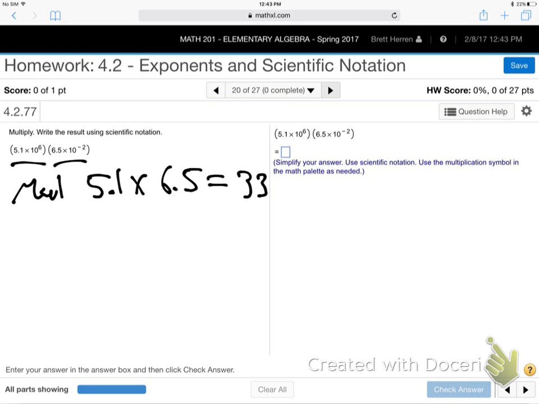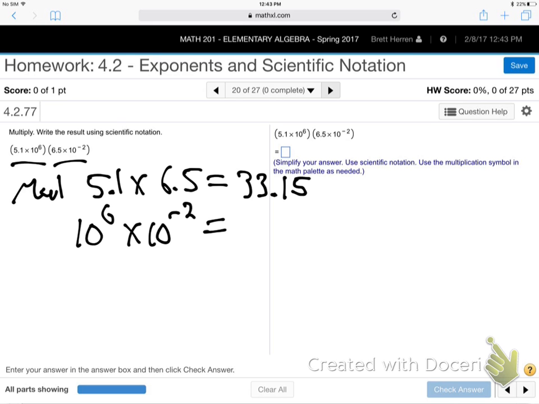33.15, thank you. So multiply the numbers in the front, and then take the powers, 10 to the 6th, 10 to the minus 2. So I'm kind of doing the numbers in the front separately, and then the 10 power things separately. Now, we learned earlier today that when you have same bases multiplied, you don't actually multiply the bases, huh?